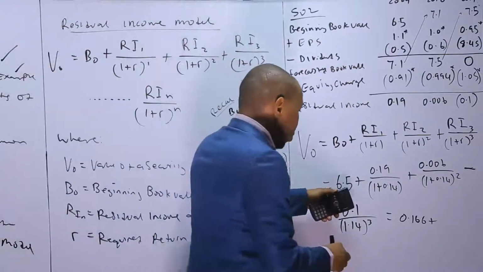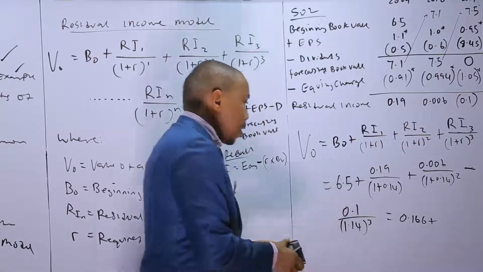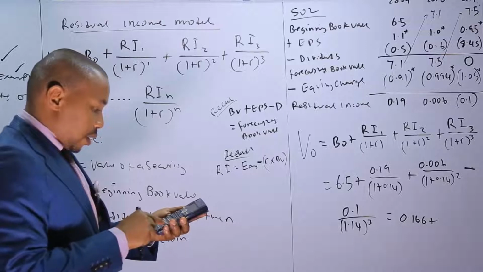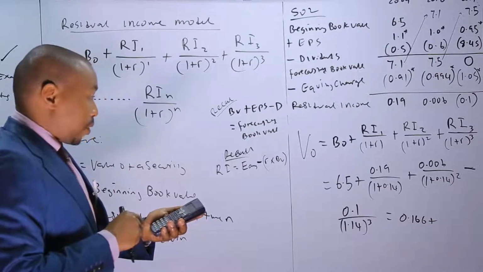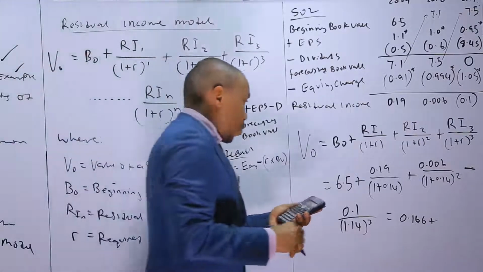We add, of course, we'll consider adding the 6.5 here. Right here, the 6.5, we will be able to put it there. So we have 0.006 divided against 1.14 squared. We have 0.0046.